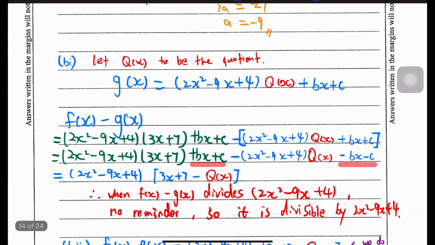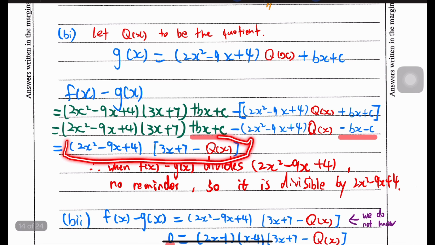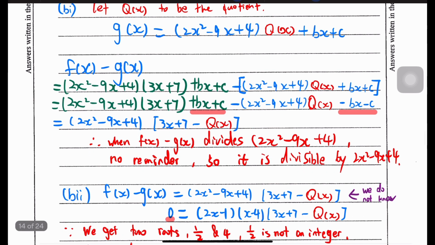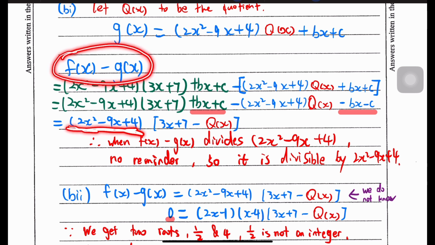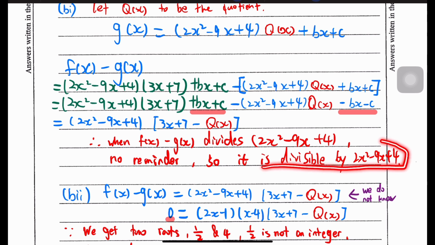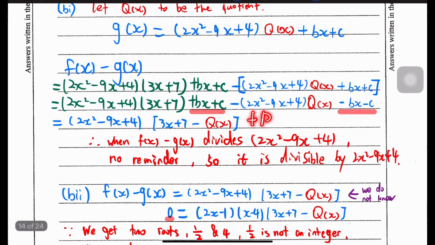What we are left with is these two terms that you can say are already factorized. By this you can see that when f(x) minus g(x) is divided by 2x squared minus 9x plus 4, we have no remainder. So we can say it is divisible by the quadratic equation here, okay? Because there is no remainder.